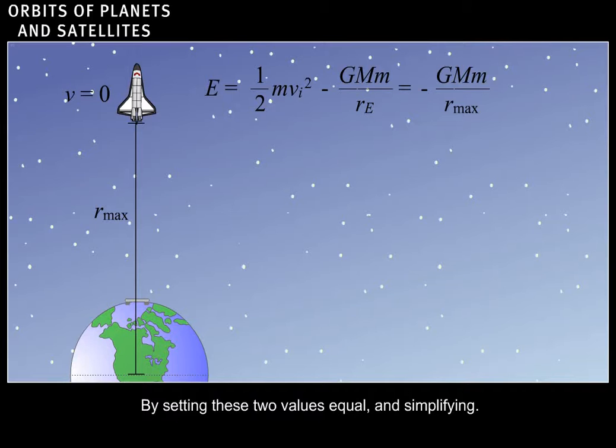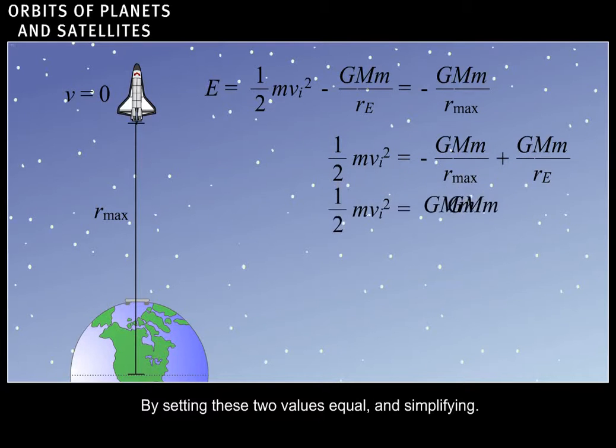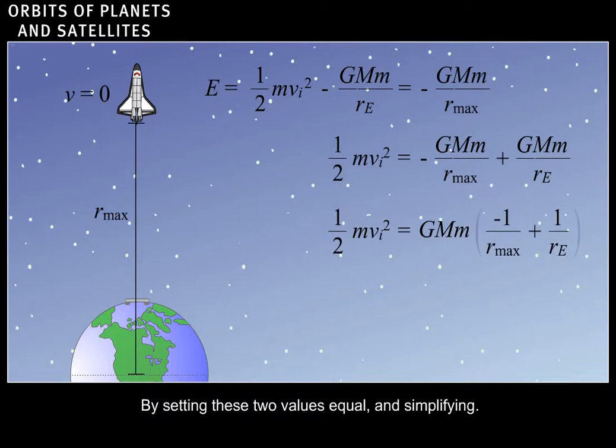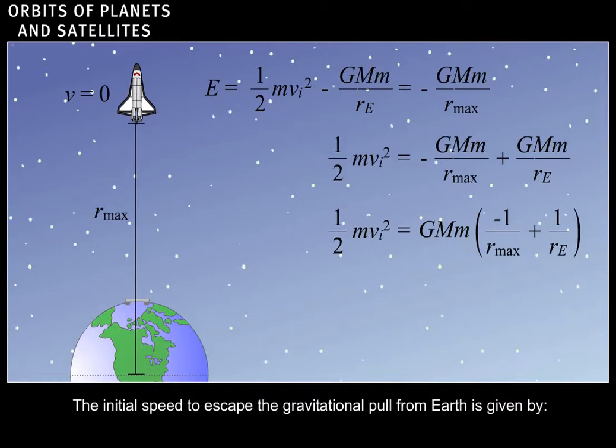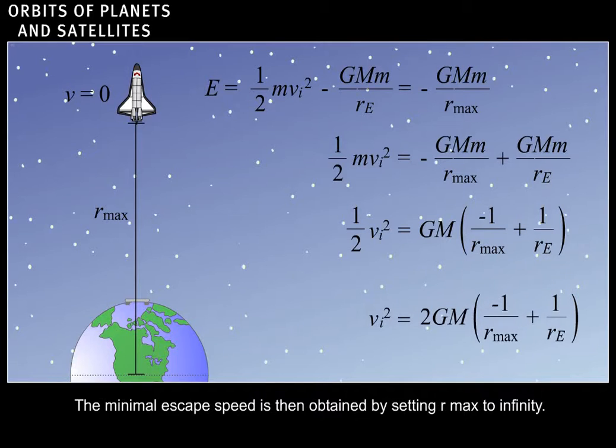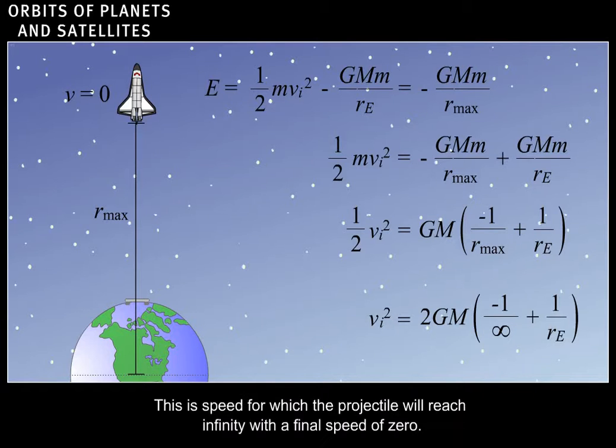By setting these two values equal and simplifying, the initial speed to escape the gravitational pull from Earth is given by... The minimal escape speed is then obtained by setting r max to infinity. This is the speed for which the projectile will reach infinity with a final speed of 0.